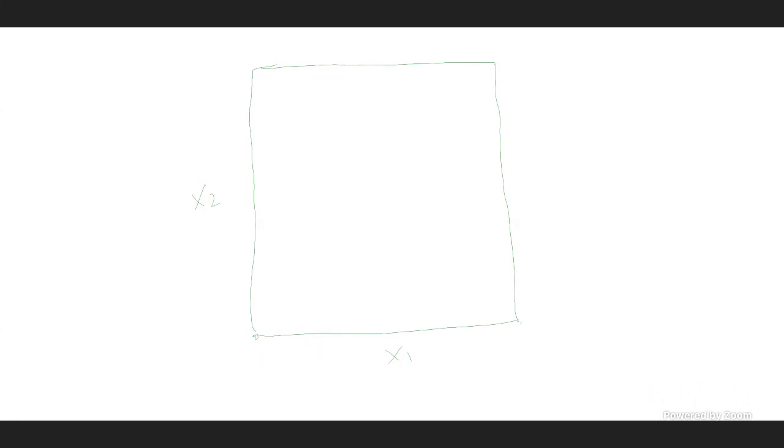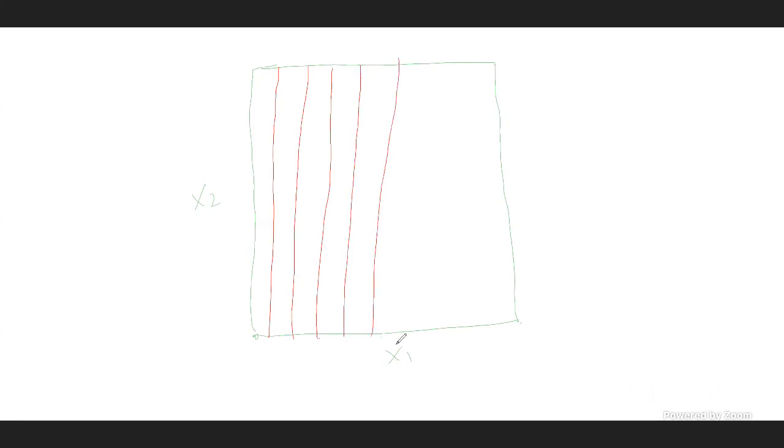The idea here is to generate a grid. First, I will generate values for x1 with some step, and I will get those values for x1, and for x2 also we will get some values here.